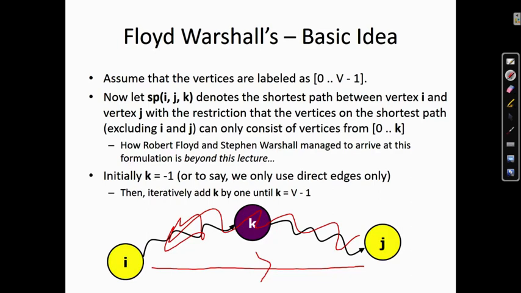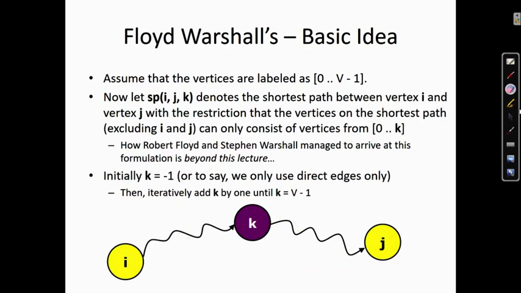Then it will run to k equals 1, so now I include 0 and 1. Does it improve it further? If so, update. You keep doing this until you have considered all possible vertices as intermediate vertices along the path. Once I've done that, it's guaranteed that I must find the shortest path from i to j. That's the main idea.